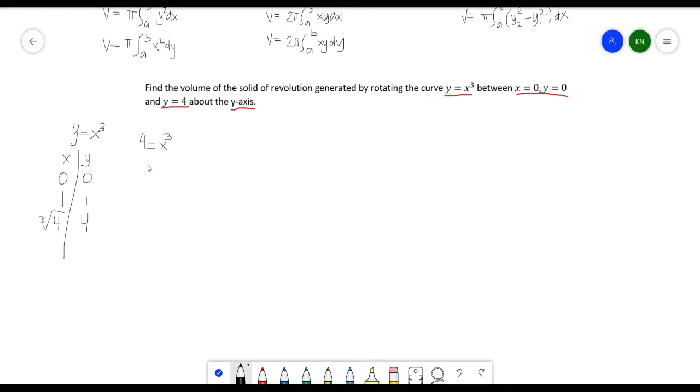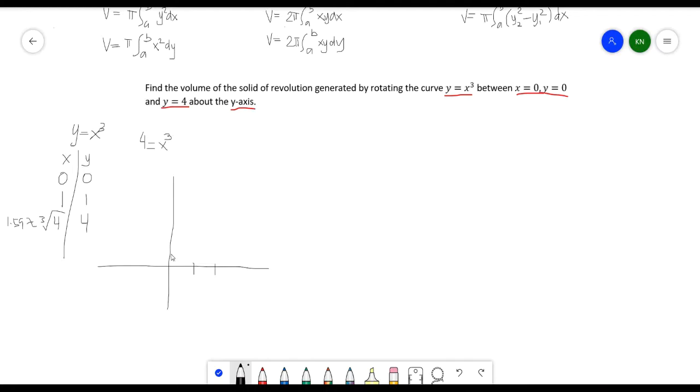Now, graphing this one to our Cartesian plane, let's have here our Cartesian plane. Let's say this is our x. So let's say this is 0, 1, and cube root of 4, that is approximately equivalent to 1.59, or closely to 1.6.